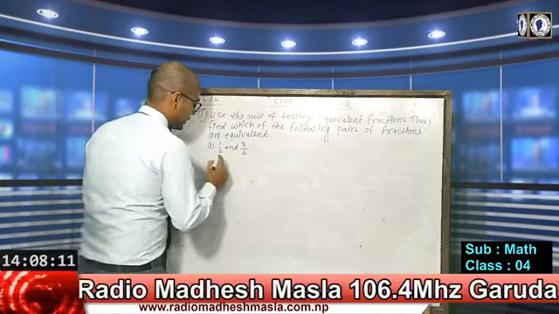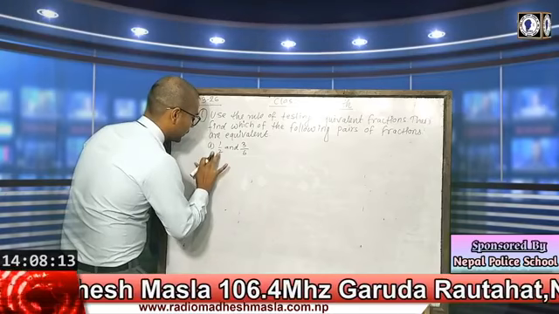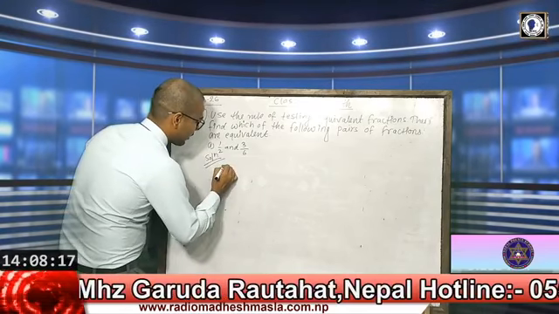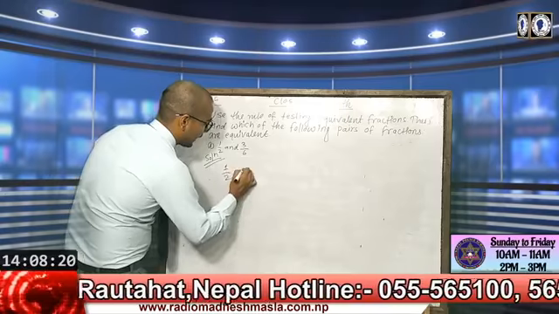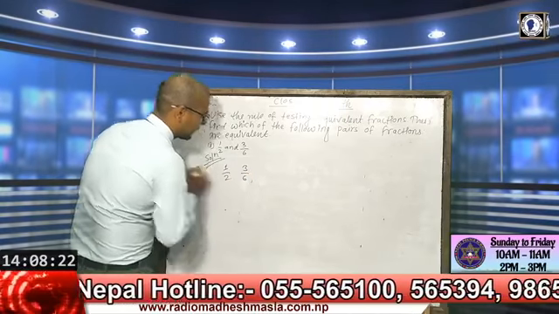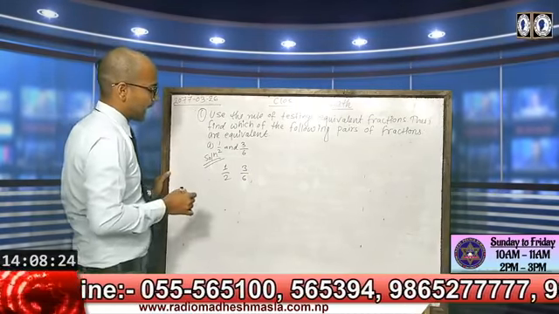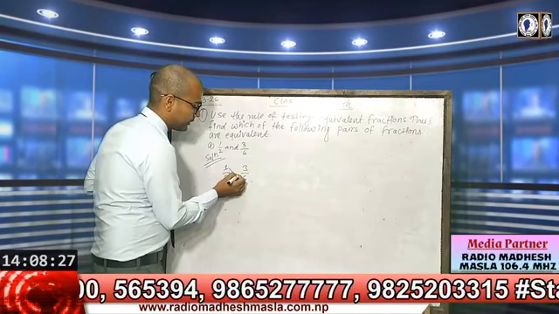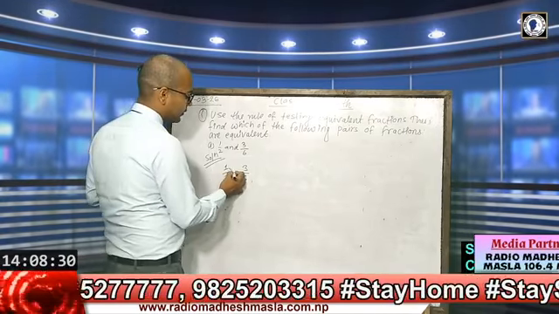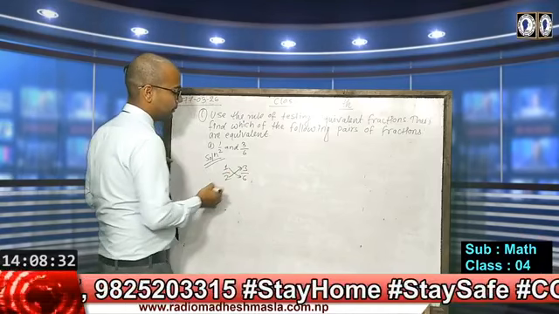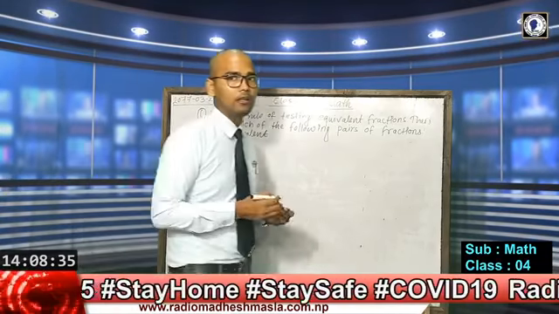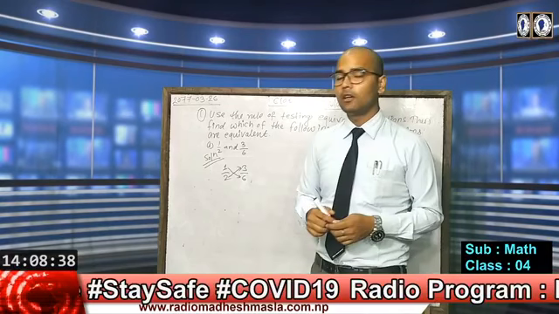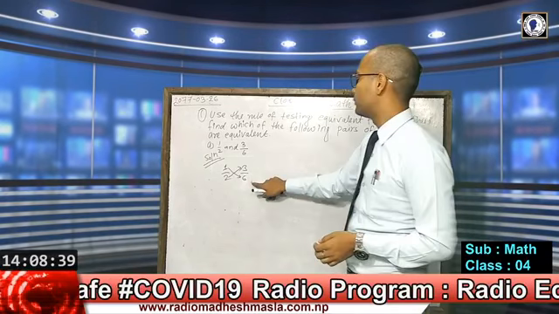So students, here the solution is 1/2 and 3/6. We have two fractions, and we multiply the numerator by the denominator, then the denominator by the numerator. In this way we use cross multiplication to find the equivalent fractions of the given fractions.